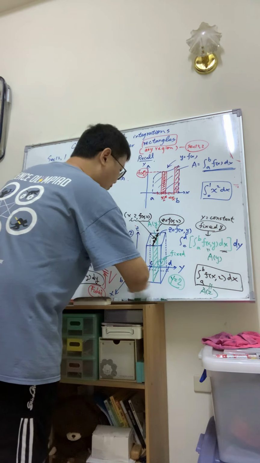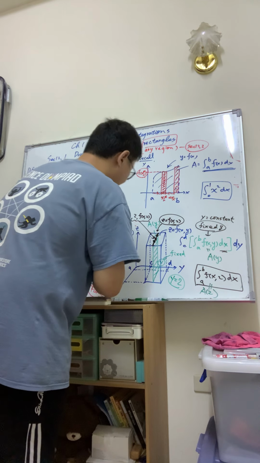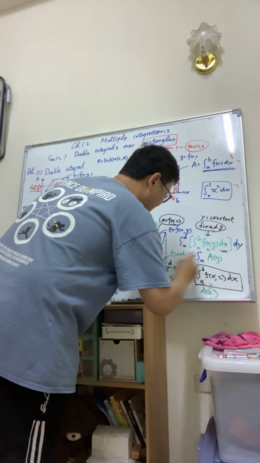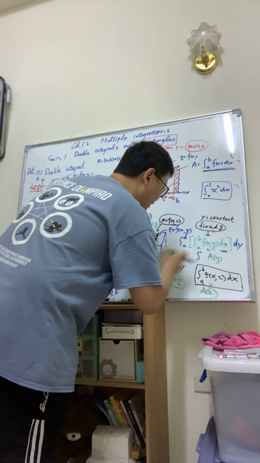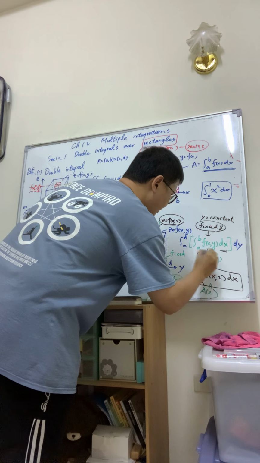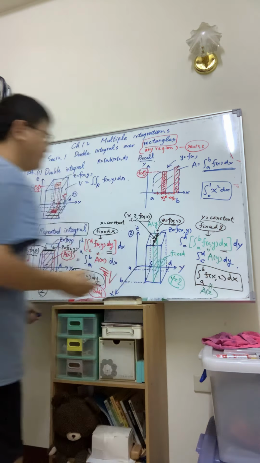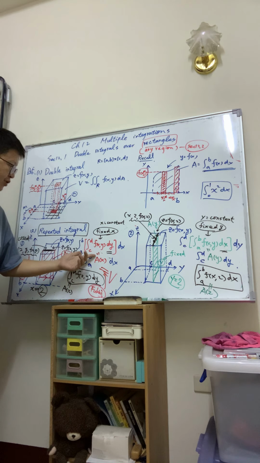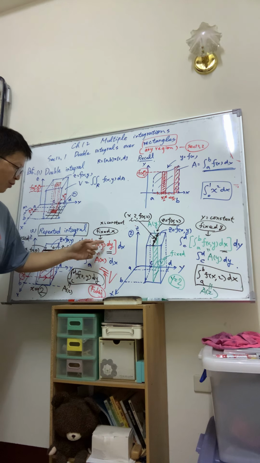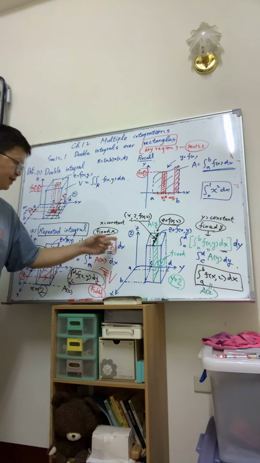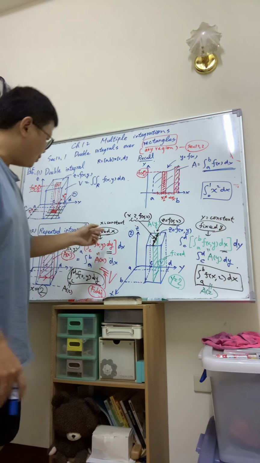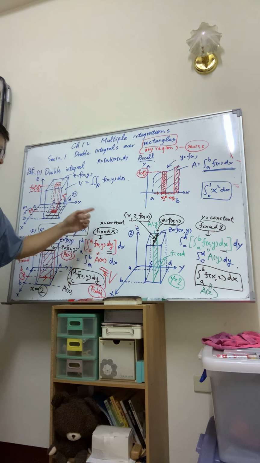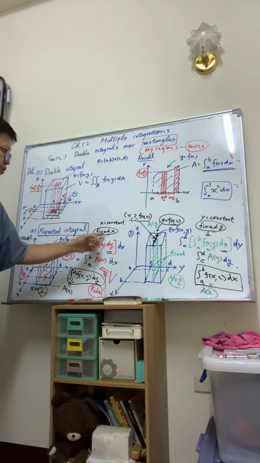We integrate A of y from c to d by the variable y. So for this repeat integral, we integrate by y firstly, and after that integrate by x. When you integrate by y, we should view x as a constant, with x fixed.